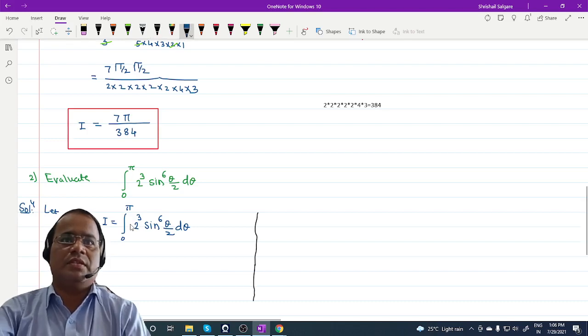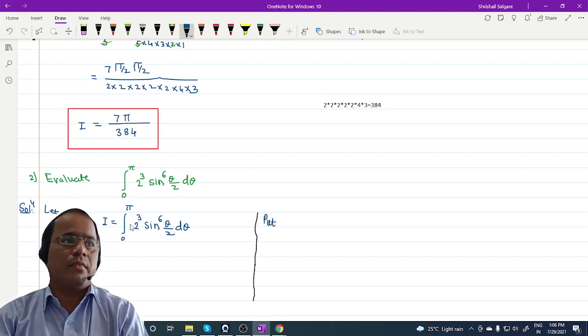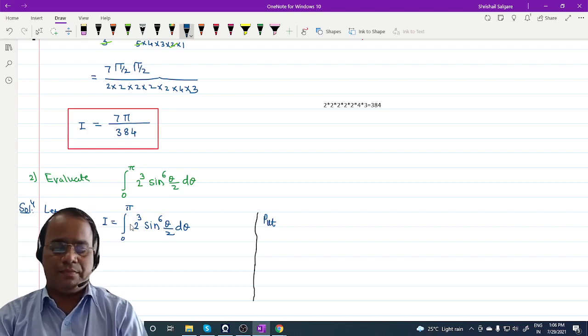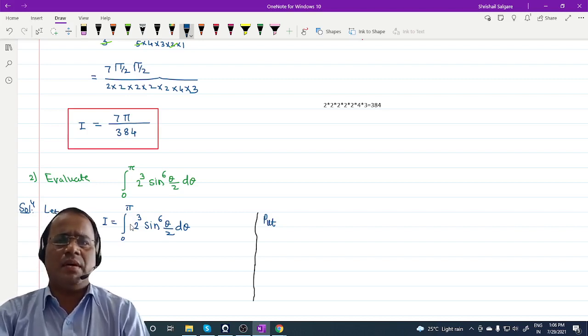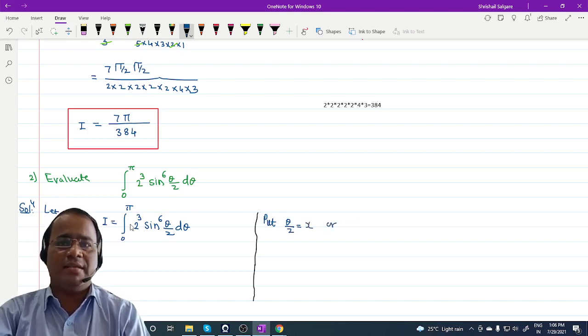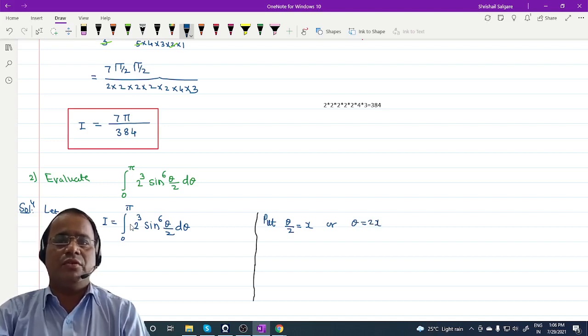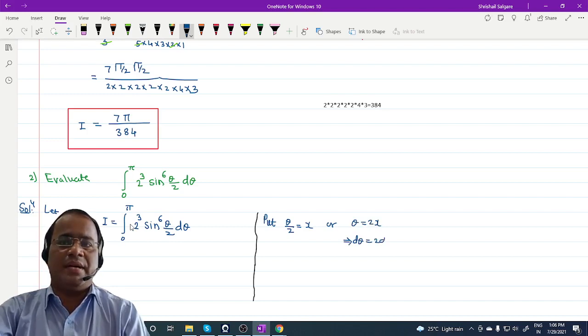What is the substitution? Put theta by 2 equal to x, or theta equal to 2x. Then d theta is given by 2 dx.